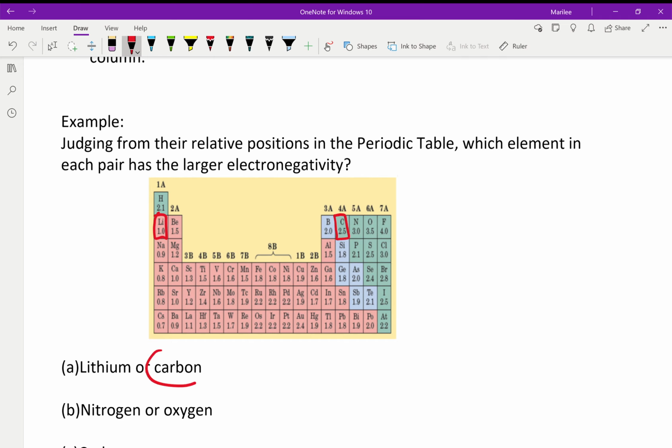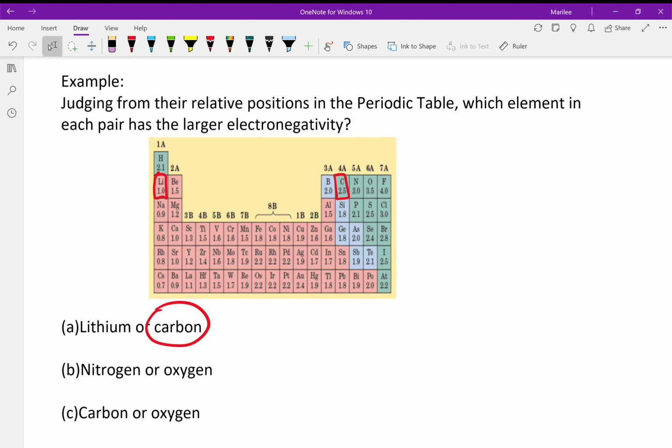Obviously carbon at 2.5. Then we have nitrogen and oxygen, which has the higher electronegativity? Oxygen is 3.5. Next one says carbon or oxygen. Carbon here, 2.5. Oxygen, 3.5. So which one is higher? Oxygen. Oxygen has a higher electronegativity.